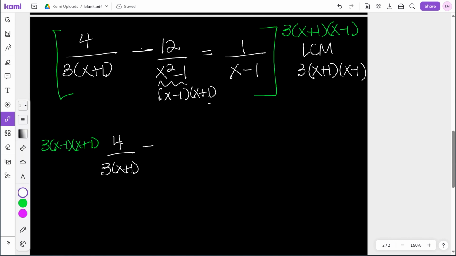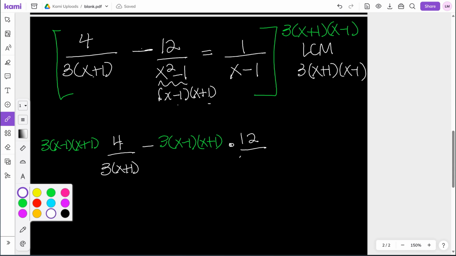Minus, multiply it again by the next term, so every term gets multiplied by this, 3 x minus 1, x plus 1, and then I have times 12 over x minus 1, x plus 1, equals 3 times x minus 1, x plus 1, multiplied by 1 over x minus 1.